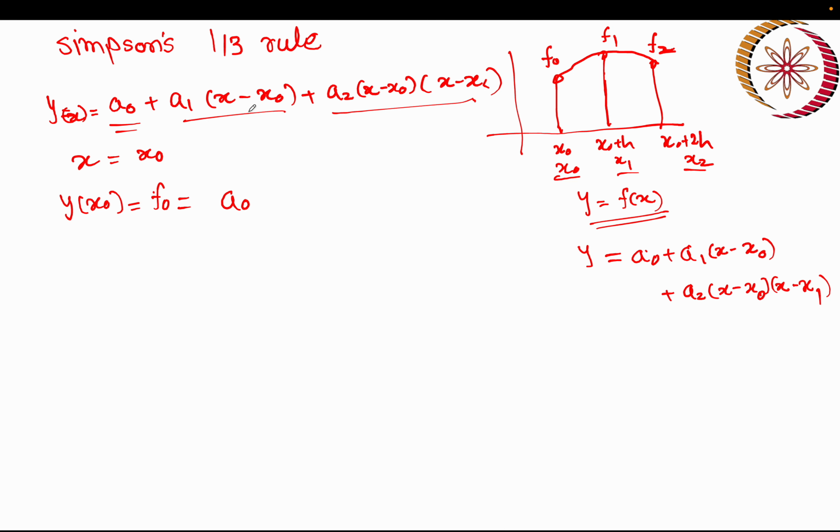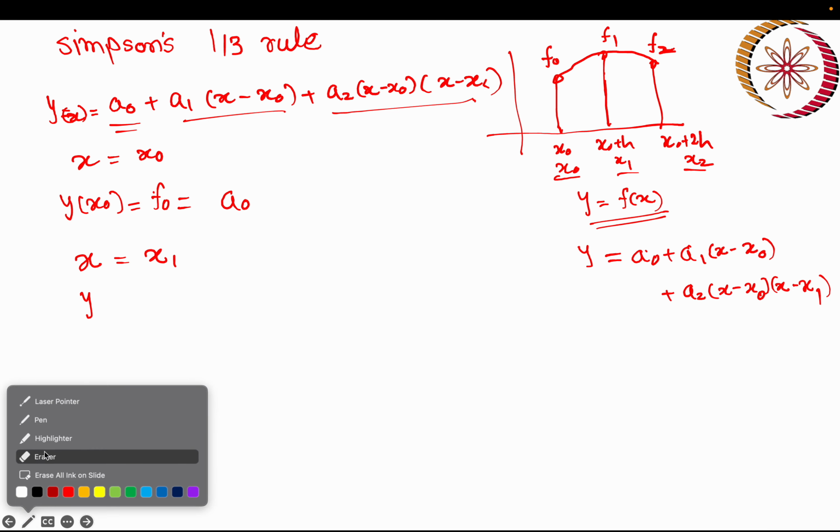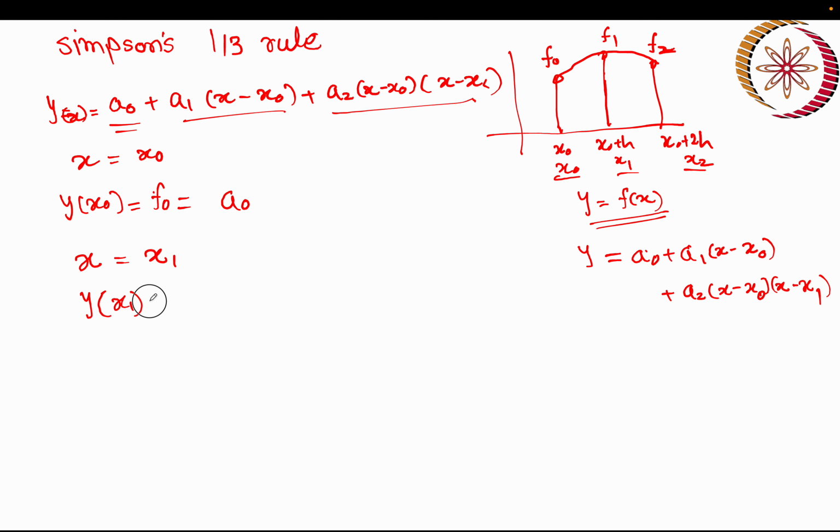Now the next thing we can do is substitute x equal to x1. In that case we get y at x1, which is f1, equal to a0, already found to be f0, plus a1 (x minus x0), and the second term has x minus x1, so that will be 0.